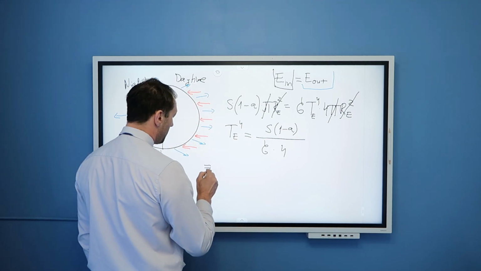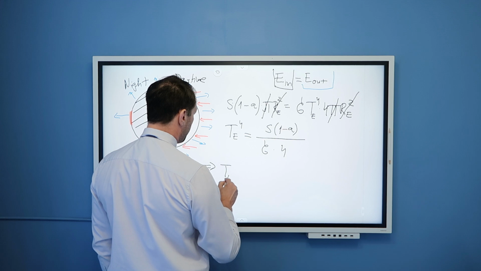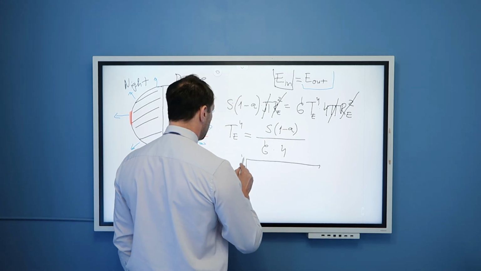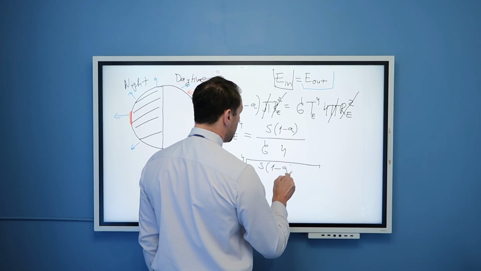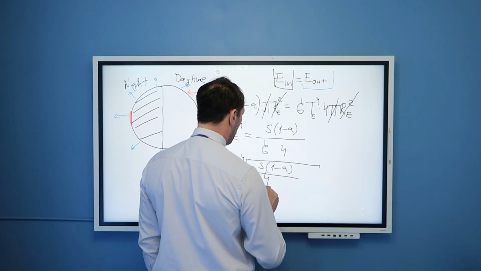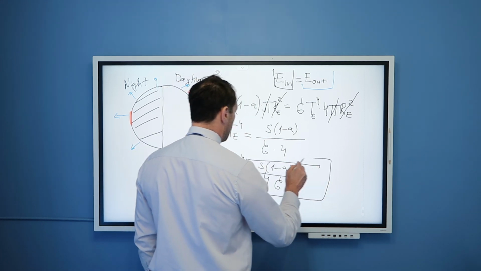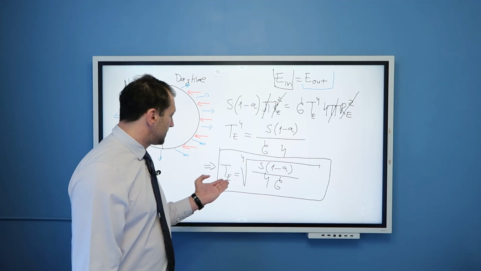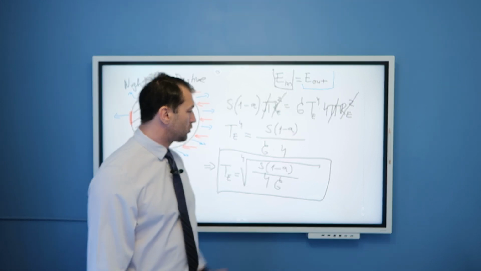Or we can finally put here that temperature of our planet Earth is equal to the 4th root of S times 1 minus A divided by 4 sigma. Now, this is the equilibrium temperature for these conditions.